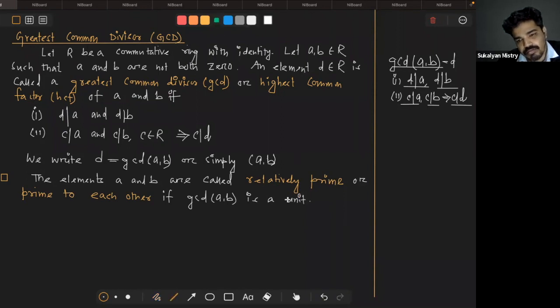If GCD of a, b is a unit, then we say that a and b are relatively prime.